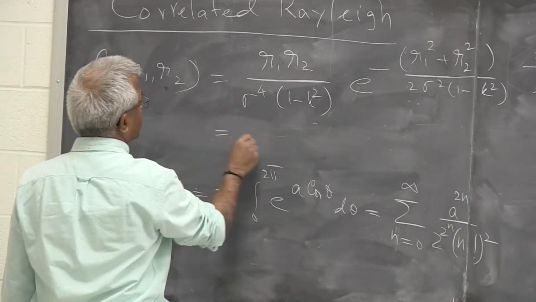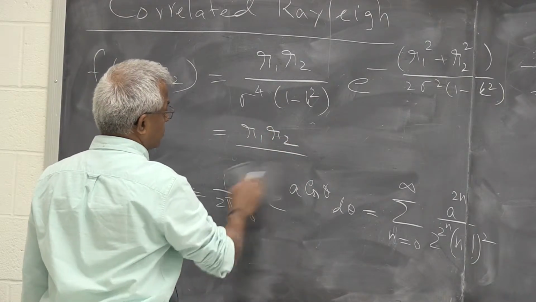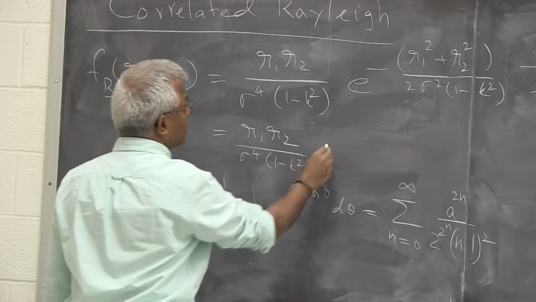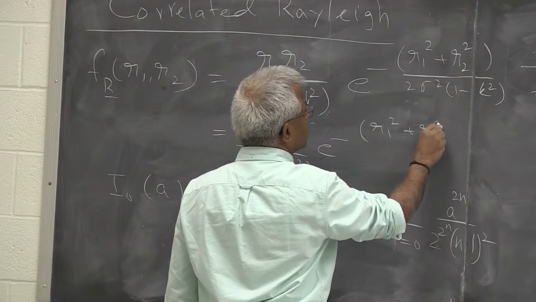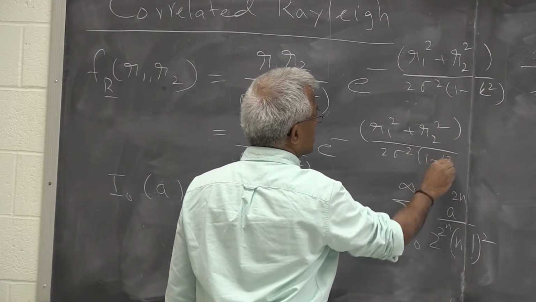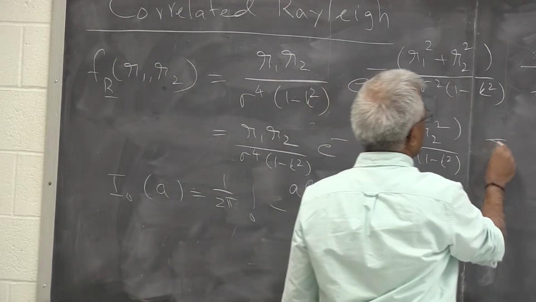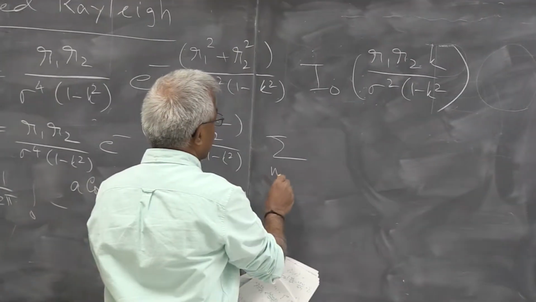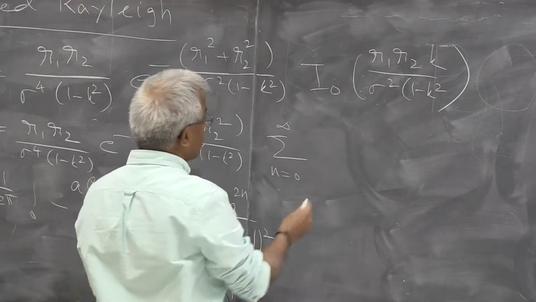So this will now read R1 R2 over sigma to the 4, 1 minus k squared, e raised to minus R1 squared plus R2 squared over 2 sigma squared, 1 minus k squared. And I'm going to substitute for the I naught function. So this is the sum over n equal to 0 through infinity of A to the power 2n.